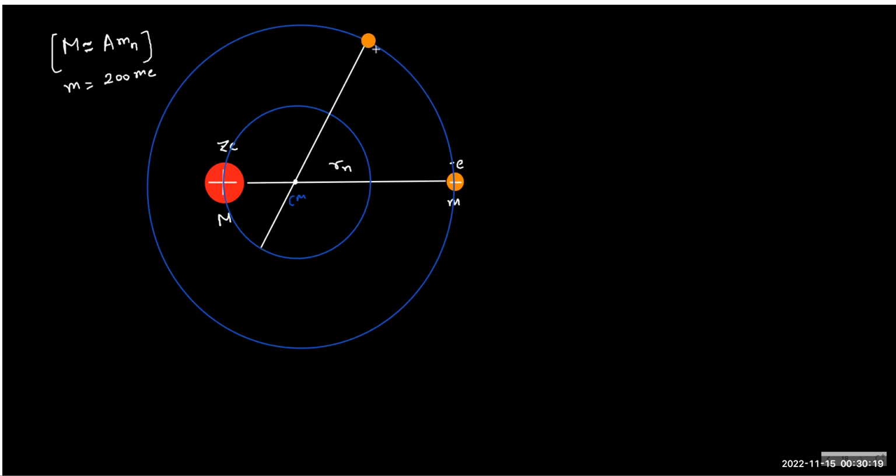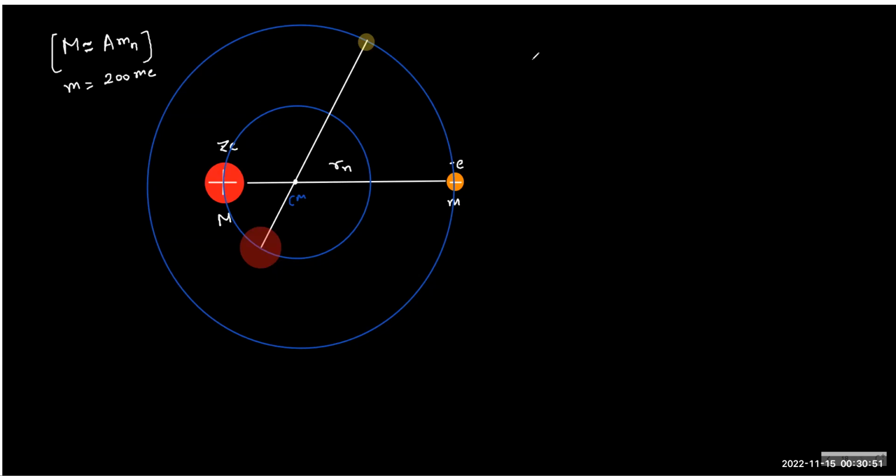So the negative charge will be here, and the nucleus will be here. So we all know this.